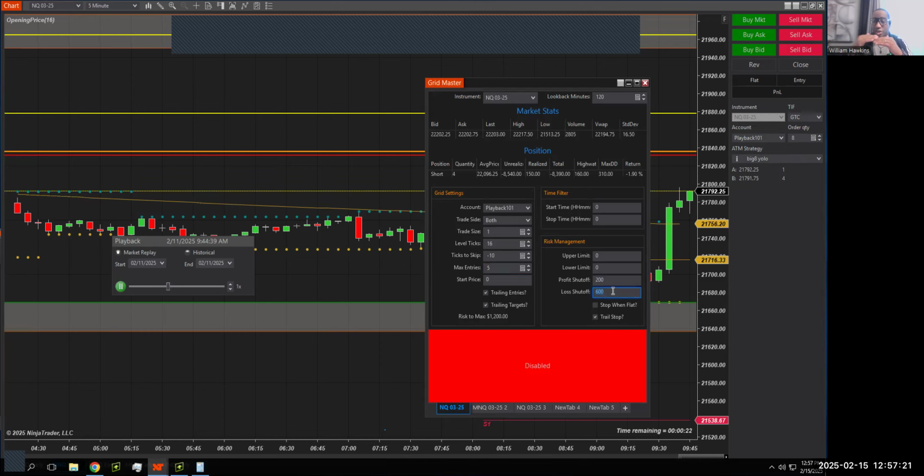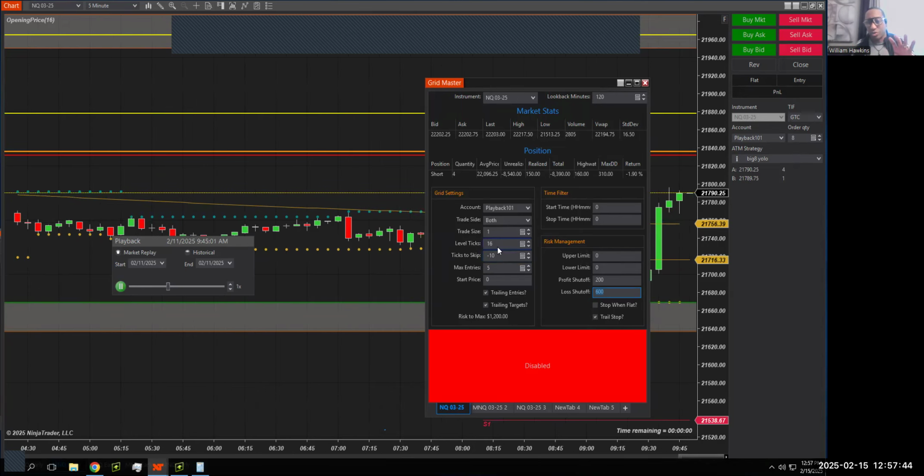You don't want that loss shut off to be too close. If you're trying to make 100, I had it at 400. 100, 400. And did you have like one contract? You just have to really play around with these numbers. There's really no way to say this is the setting that works best. You've got to test it out and see which ones work best for how you trade.